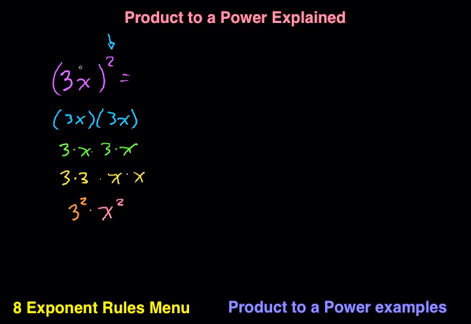So getting back to the original problem, what is 3x quantity squared? Notice I said quantity because it's in parentheses. This is really 3 squared x squared, or 3 squared times x squared. Now that can be simplified to 9x squared.